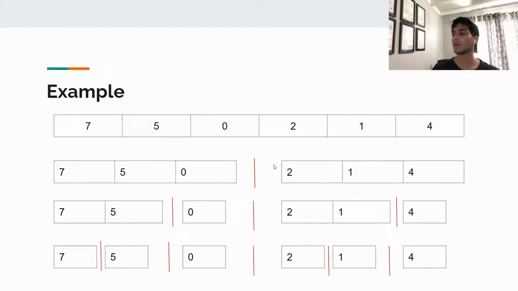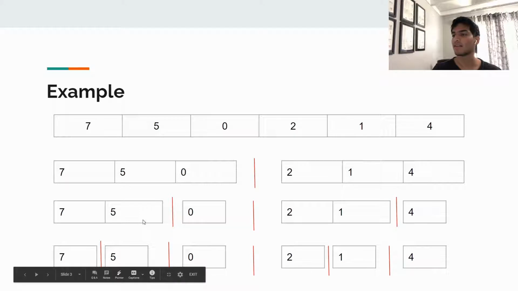We stay on one side the whole time and just keep breaking down the array until we get into single units. As we see over here, we break down 7, 5, 0 into 7, 5 and 0, because it's about the halfway point. Then we break down the array of 7 and 5 into two separate arrays that contain the numbers 7 and 5.